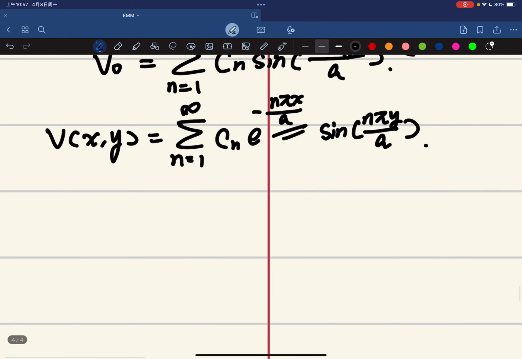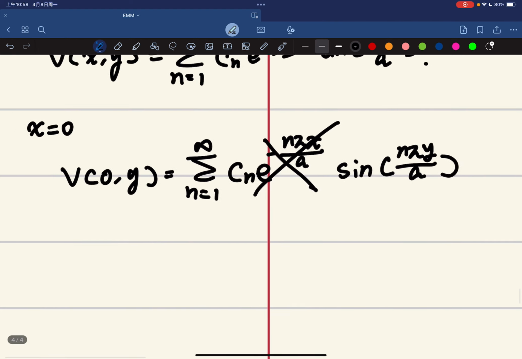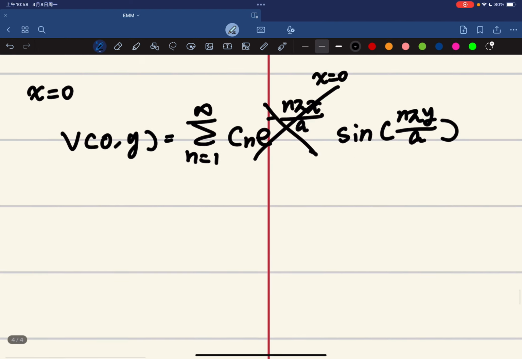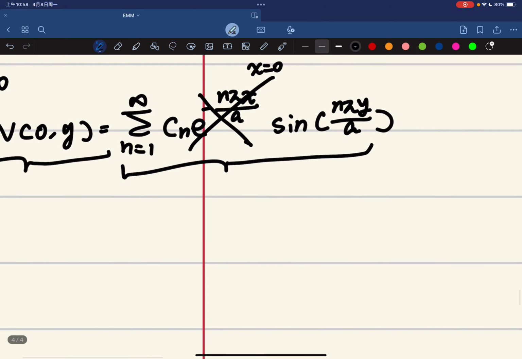Okay. So now let's work on the boundary condition when x equals 0. So now I have this. This disappears, because x equals 0. And this is equal to v naught of y.